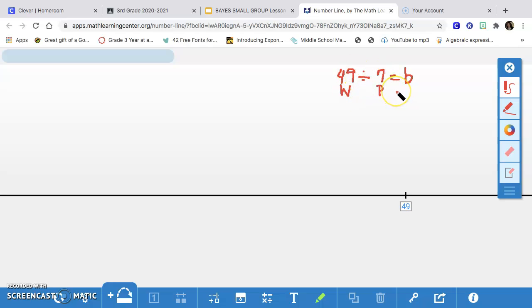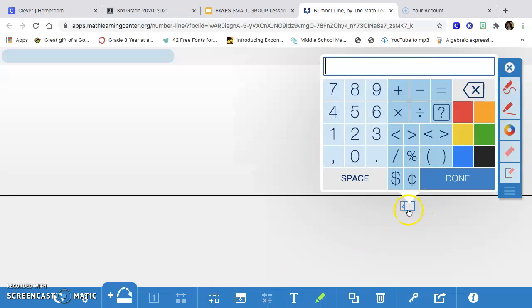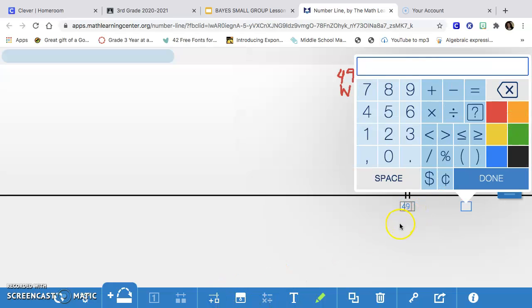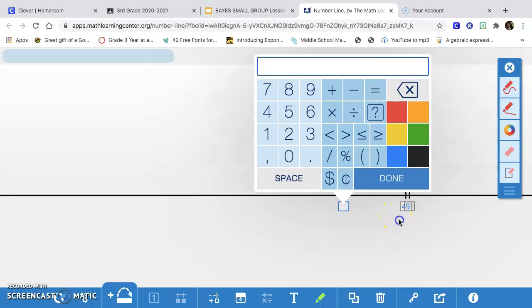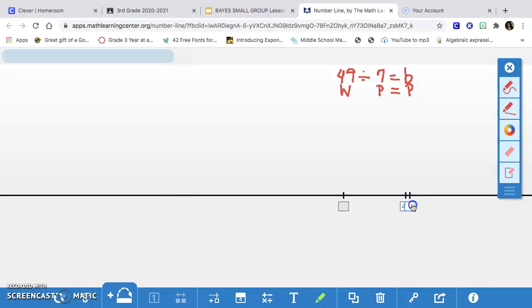Remember that slide that I showed you the other day, to let us know that we're going to find the other part. So if we know a part and we know the whole, then we know that we're going to be dividing. So I'm going to start out with 49 on my number line, and then I'm going to think about how I could make it work to go backward. Remember, we're going to be hopping backward because we're going to be subtracting.